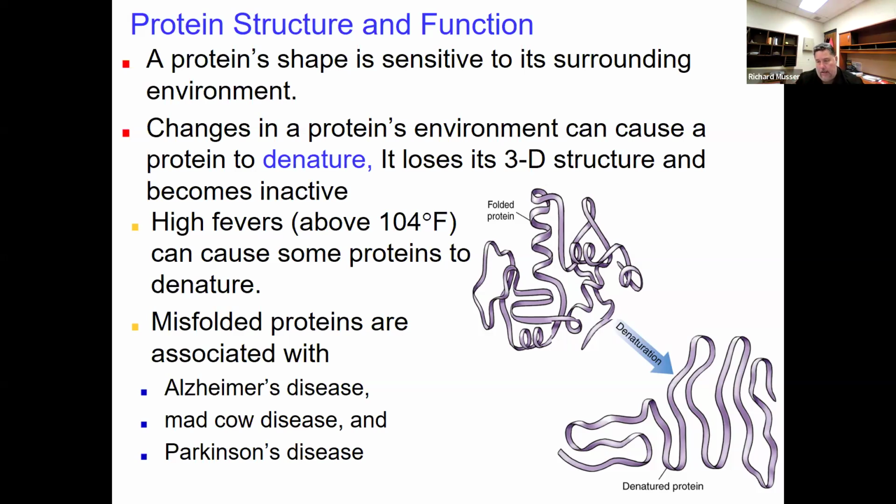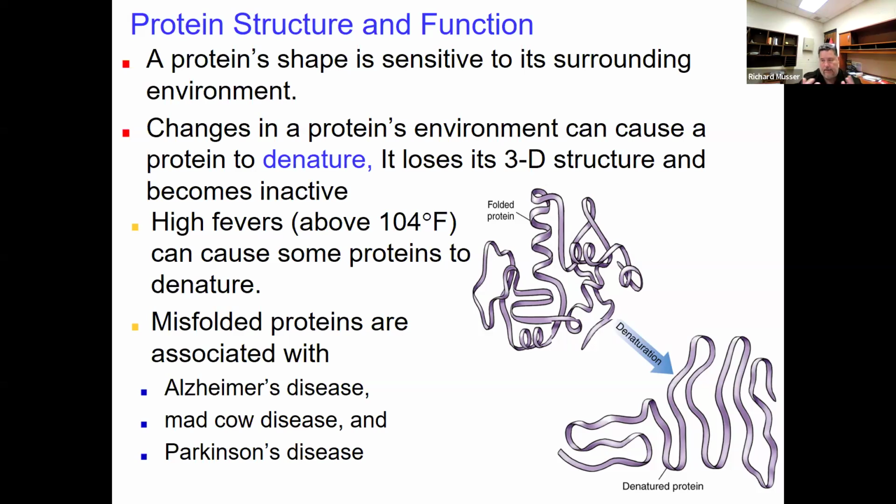Now, the whole point of your body trying to have a fever is to destroy bacteria or slow their growth down while your body has a chance to compensate. But when it goes haywire and we get too high of a fever, we can run into concerns about denaturing our own protein. So it's definitely a balancing act. But misfolded proteins sometimes happen as well when the body's making it.